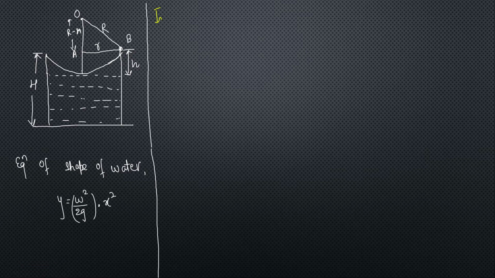Applying the Pythagoras theorem, small r square plus (capital R minus h) square equals capital R square. Simplifying, r square plus R square plus h square minus 2Rh equals R square.